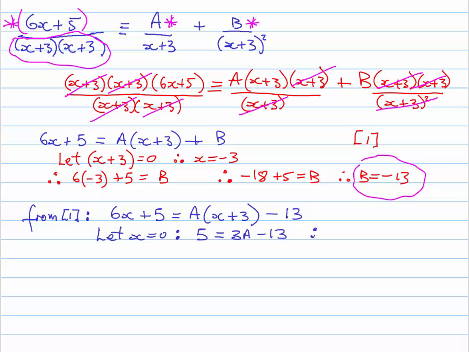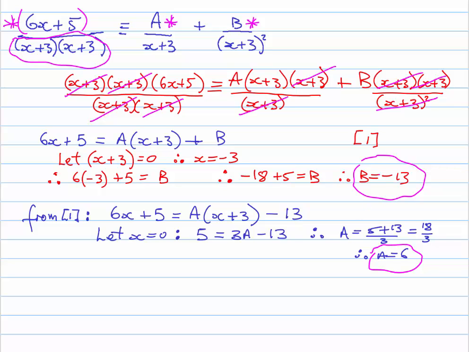Therefore A equals 5 plus 13 over 3, which is 18 over 3. Therefore A equals 6. Let's circle that.